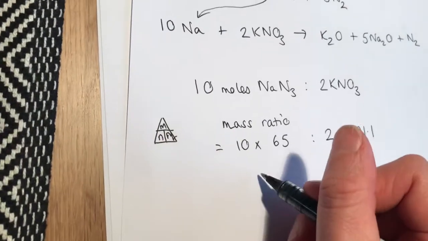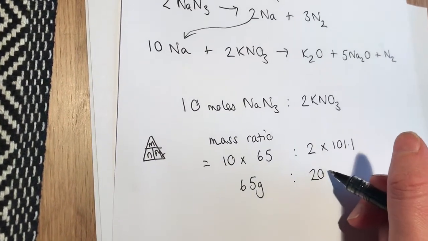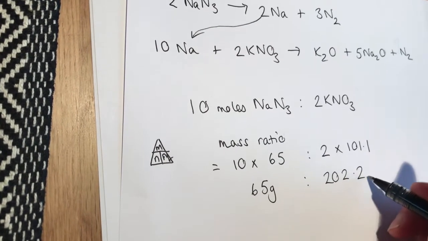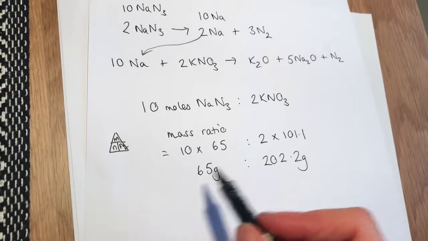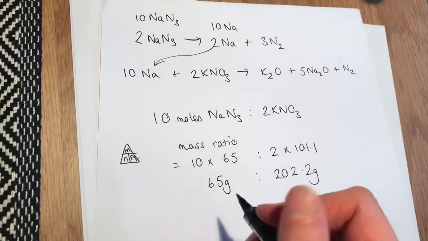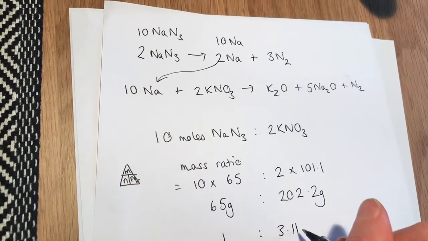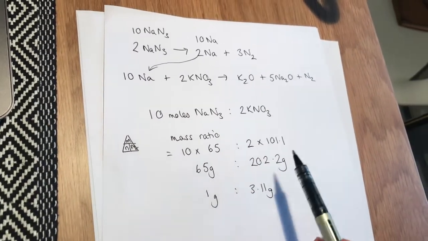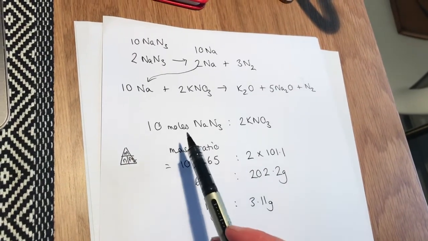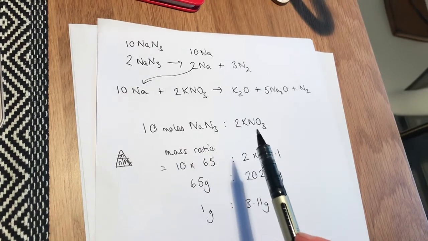We have then 65 grams to 202.2 grams, or to simplify that ratio, divide by the smaller number, which gives 1 to 3.11. So what that shows is you need 1 gram of sodium azide to 3.11 grams of potassium nitrate.